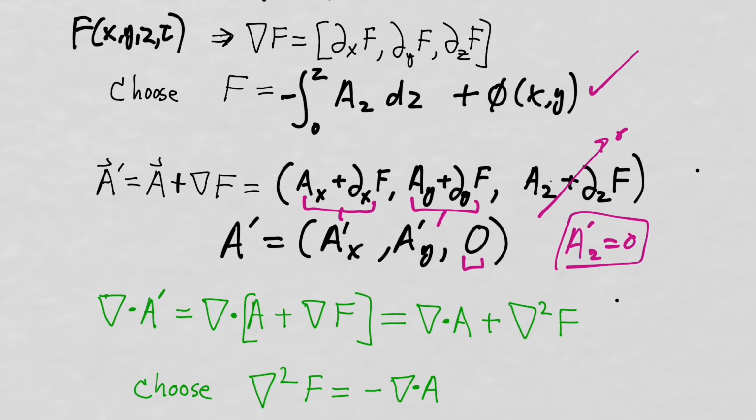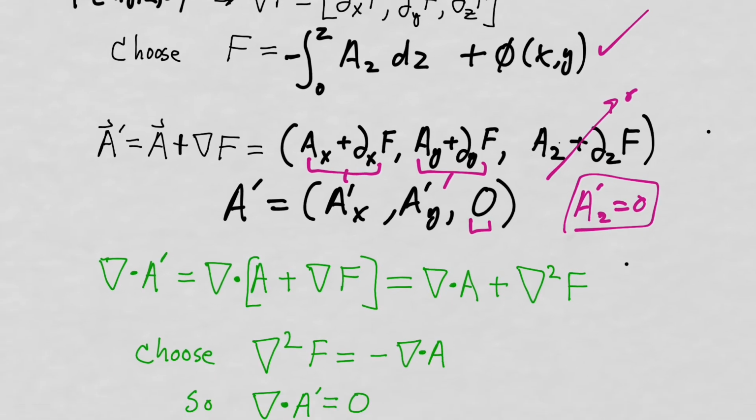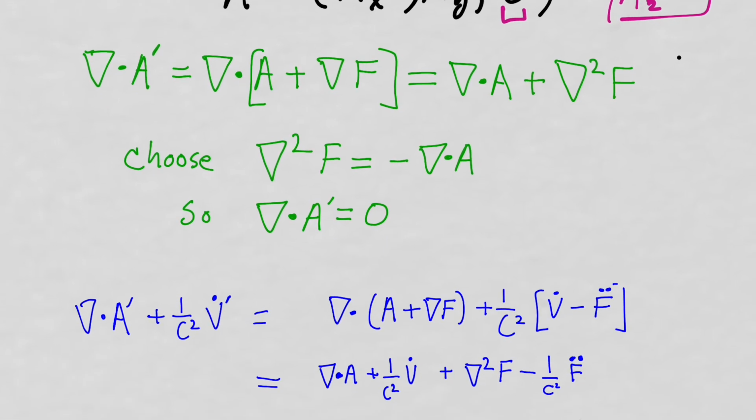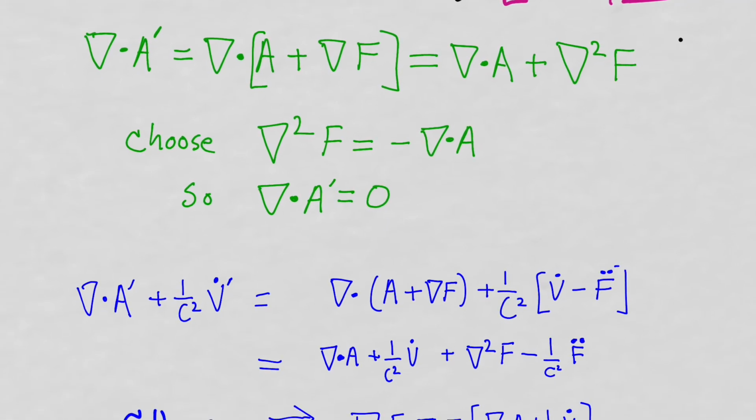Let's look at the other two. The Coulomb gauge, right? In the Coulomb gauge, I'm looking for a gauge where the divergence of the potential is 0. So I presume I'm in some gauge already, I've already got some vector potential. I'm now looking for a function whose gradient, when I add it to the vector potential I'm looking at, gives me a new vector potential, A prime.